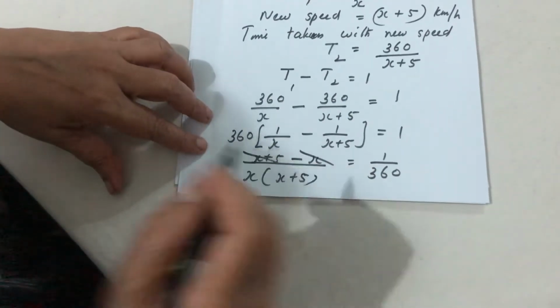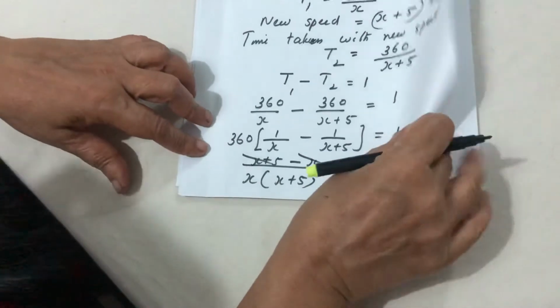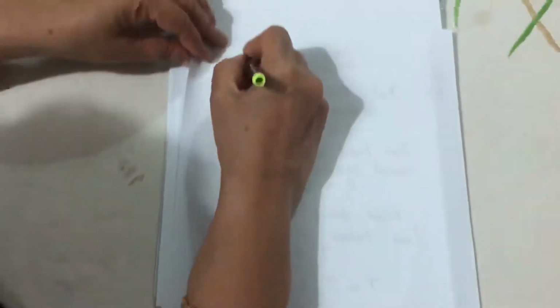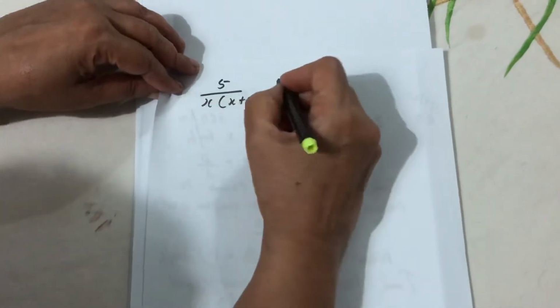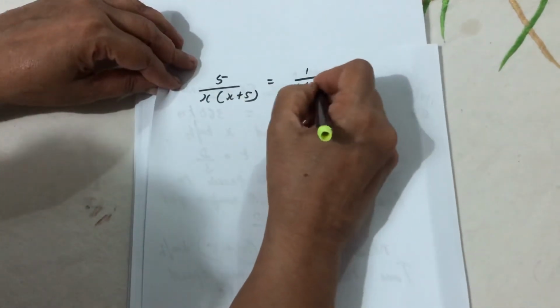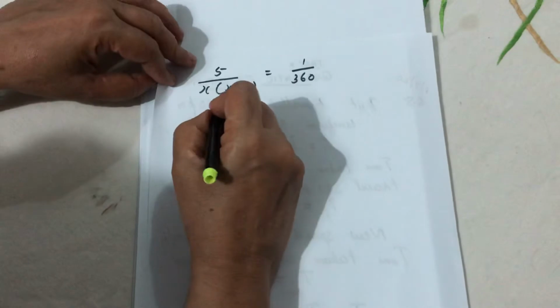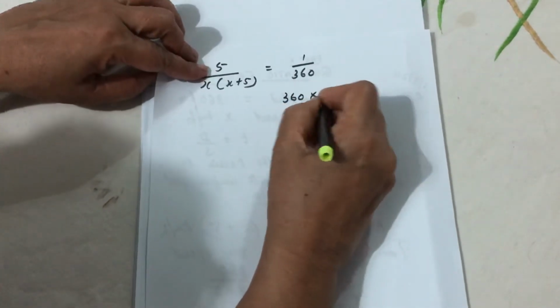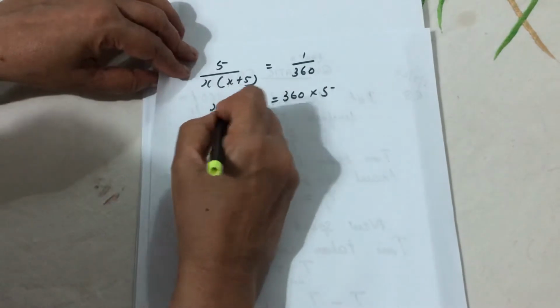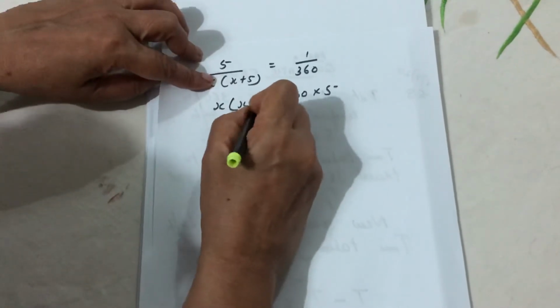This x and x cancel. So it is 5 by x into x plus 5 equal to 1 by 360. That is cross multiplication, 360 into 5 equal to x into x plus 5 into 1.